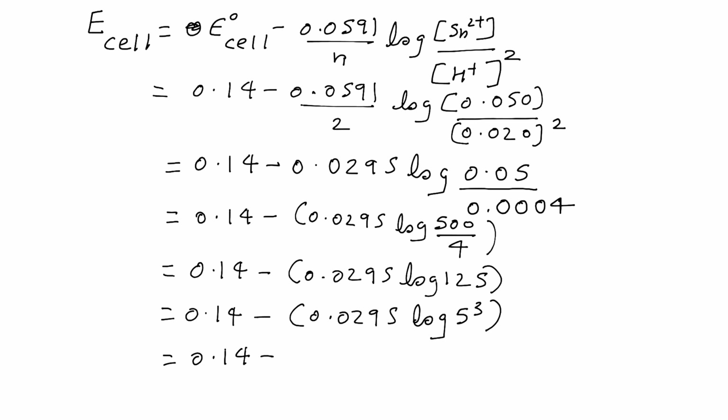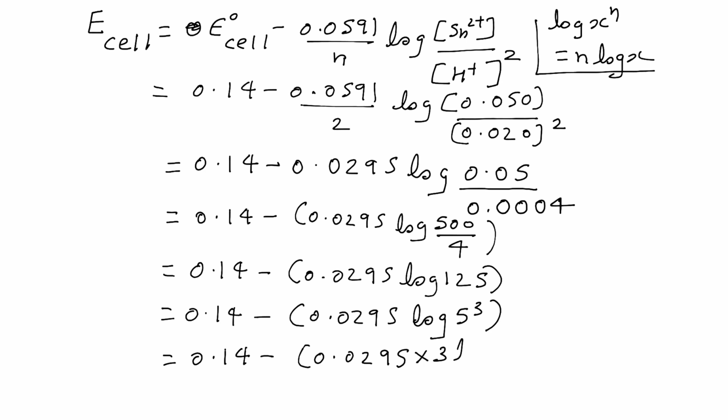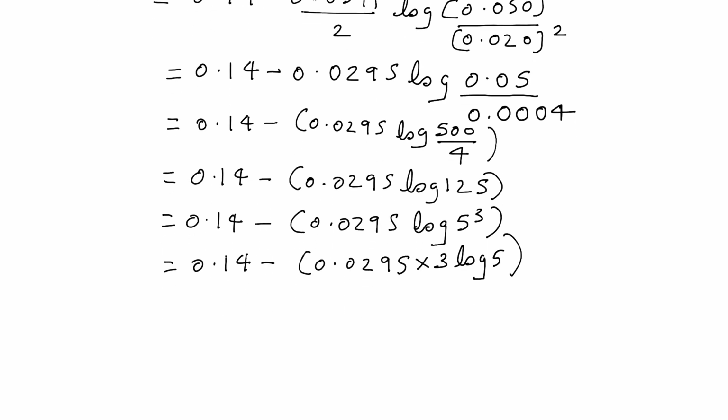So it should be like 0.14 minus 0.0295. See, you must know this rule, okay? Log x raised to n means n log x. You must know this rule. So what is that? Into 3 log 5. Clear? Now log 5 value you have to learn by heart. Log 5 value is 0.69. Learn it by heart, okay?